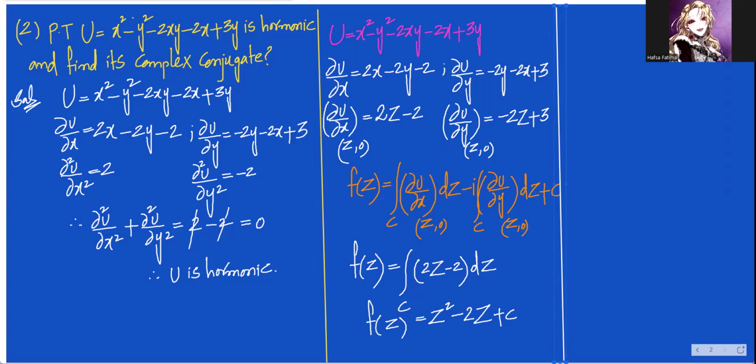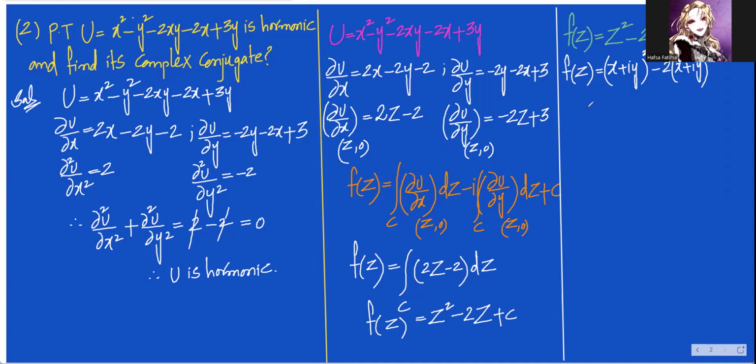Let me take a margin of this again. If this is our f of z, z square minus 2z, don't take the c value, okay? So f of z is equal to z, which is a complex number x plus iy, whole square, minus 2 into again x plus iy.